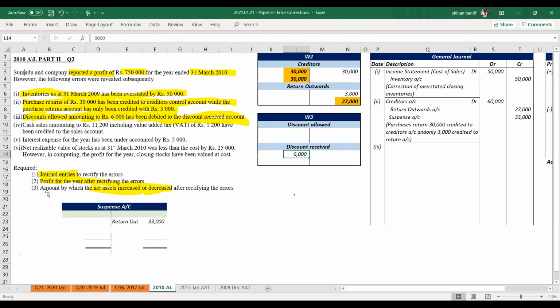How do we correct this? So we have to credit, remove from the discount received, and discount allowed will be debited.